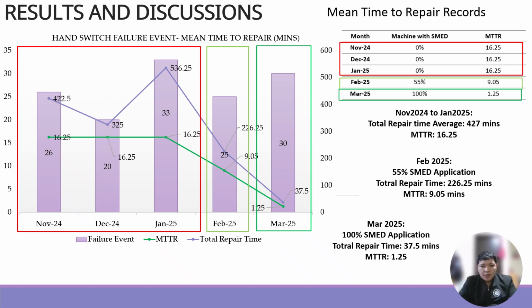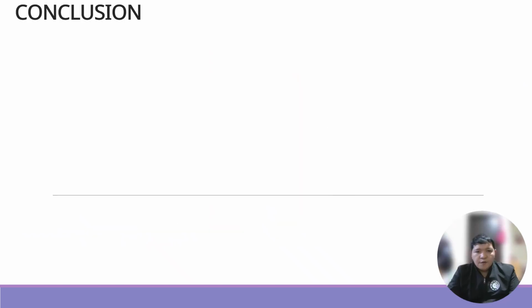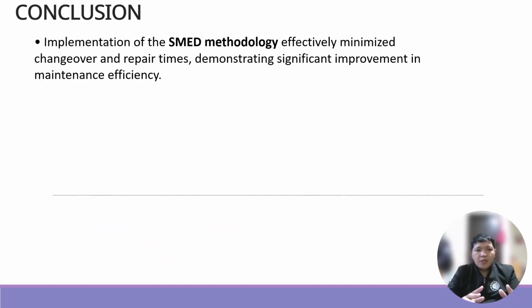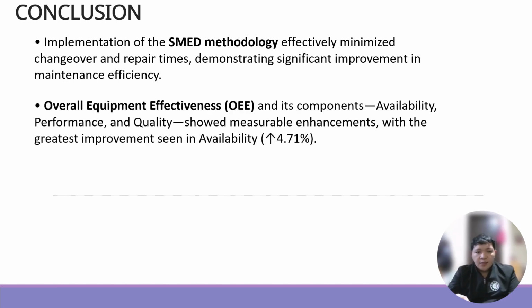All right. So here, for the conclusion: implementation of the SMED methodology effectively minimized changeover and repair times. You can clearly see on the previous slides significant improvement and maintenance efficiency. Again, the OEE and its components, especially the three items, availability, performance, and quality, showed measurable enhancement, with the greatest improvement seen in availability at an increase of 4.71%.